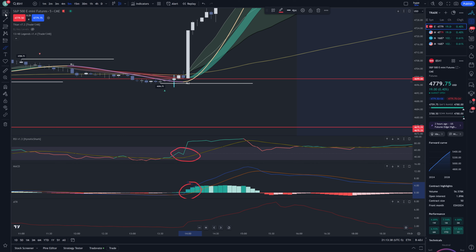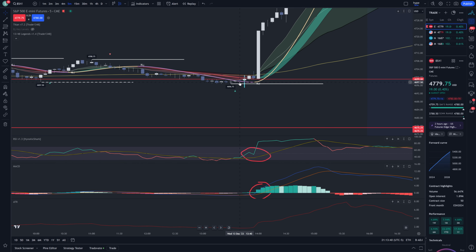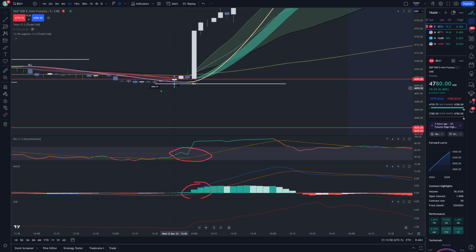Now, previous to this candle, we need to know its ATR. So the ATR on this candle, we go ahead, come down here, we see the ATR is $1.64. So from our entry here at 4699, our stop would be 2 points away.